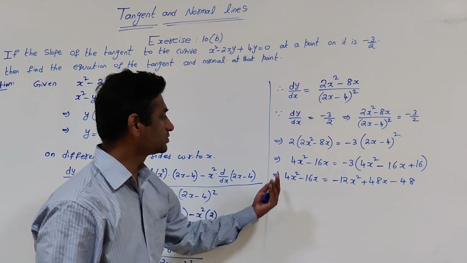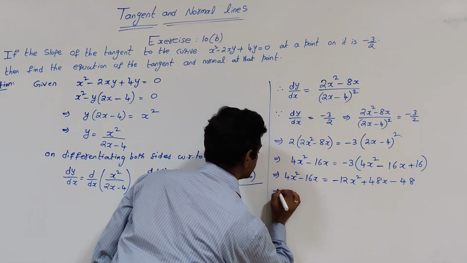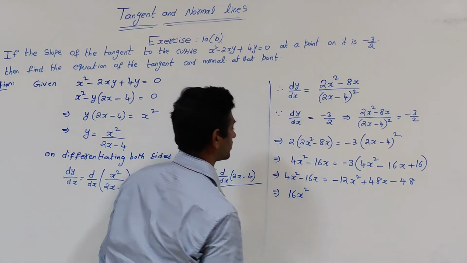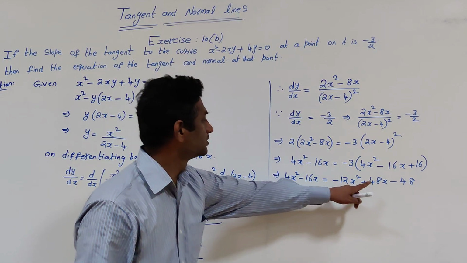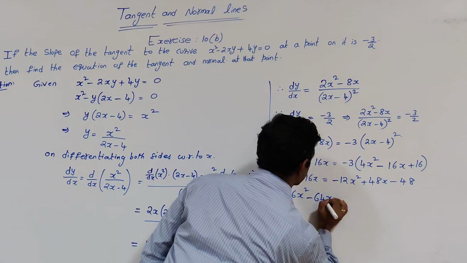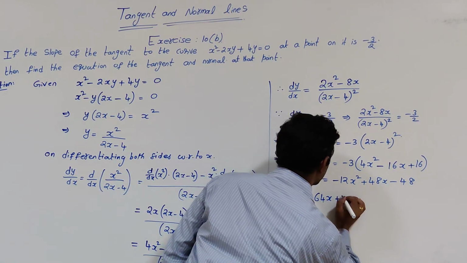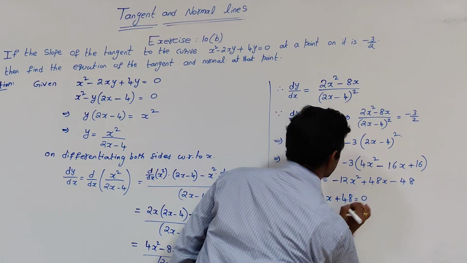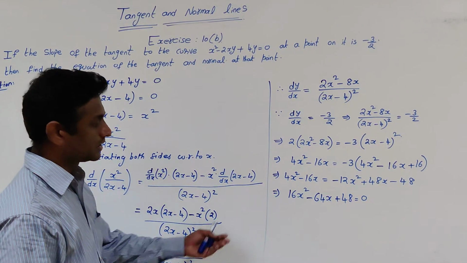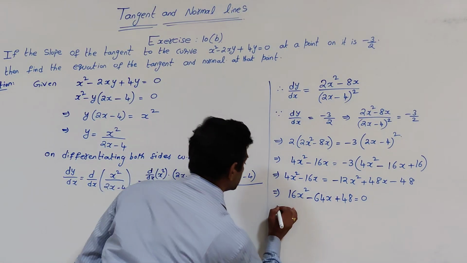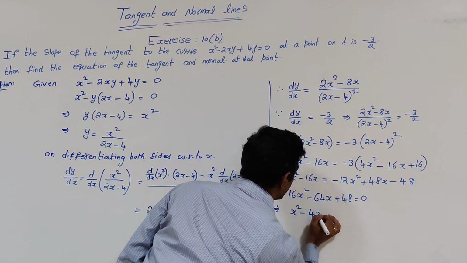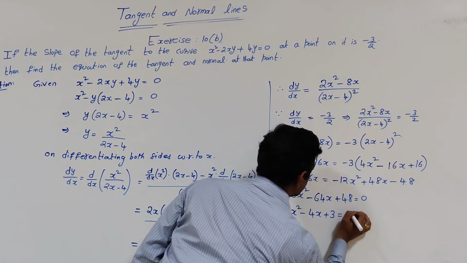Bringing all the terms to the left hand side, it will be 16x square minus 16x minus 48x, which is minus 64x, plus 48 is equal to 0. 16 is common, so we can take it out, and it will be x square minus 4x plus 3 is equal to 0.